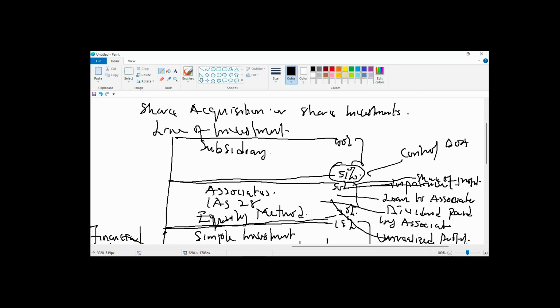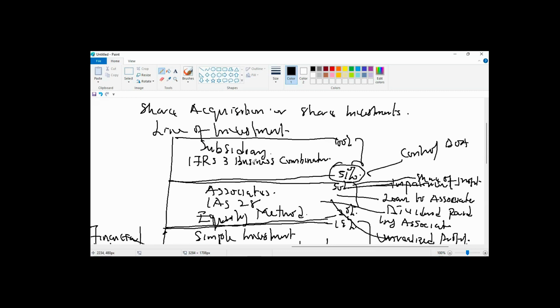What are the standards here? We have IFRS 3, which talks about business combination, all those acquisition expenses and cost of investment.